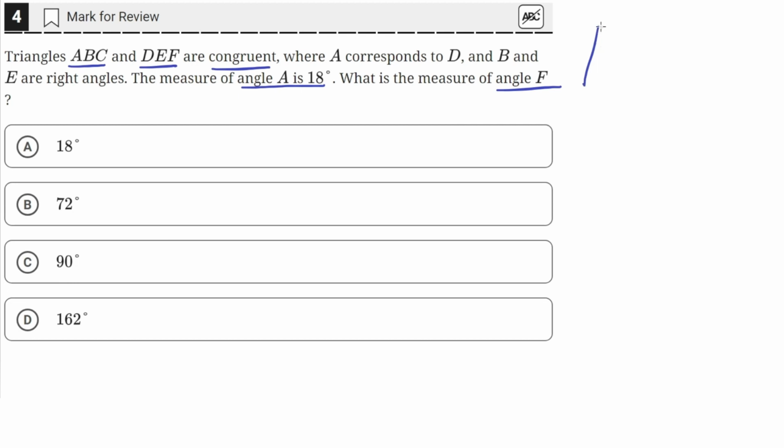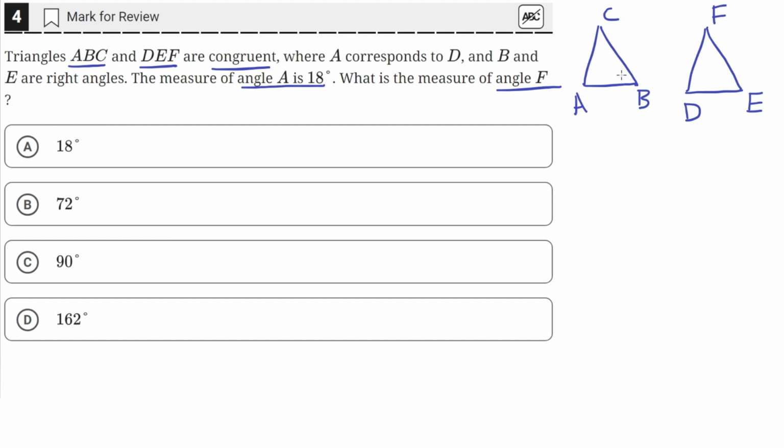So let's draw out these two triangles. We have triangle ABC and triangle DEF. And the problem statement tells us that A corresponds to D, and B and E are right angles.